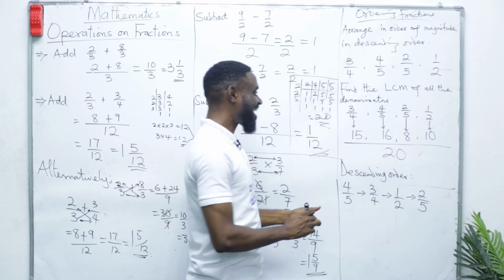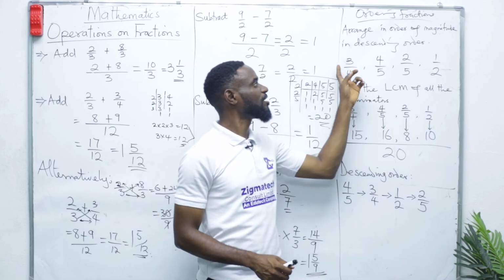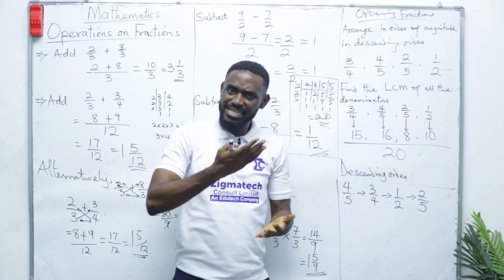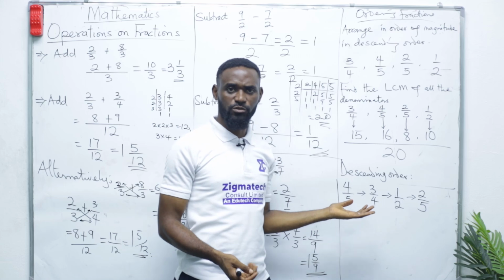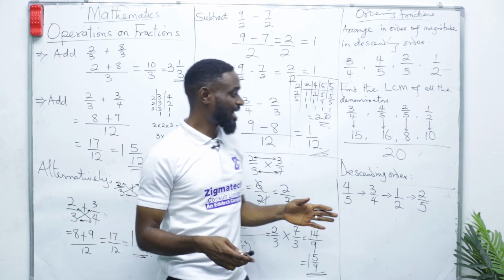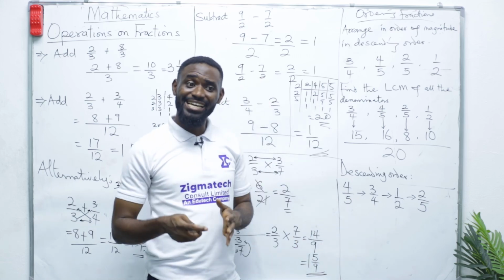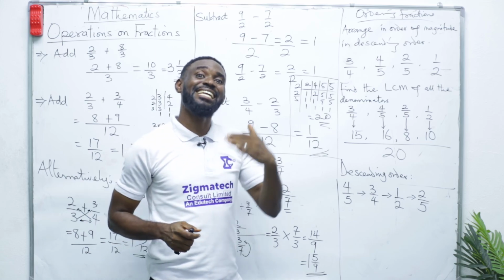So without taking this step, you cannot ascertain which of these fractions is the least and which one is the highest. So this is the step you have to take. So let's assume the question was arrange the fractions in ascending order.